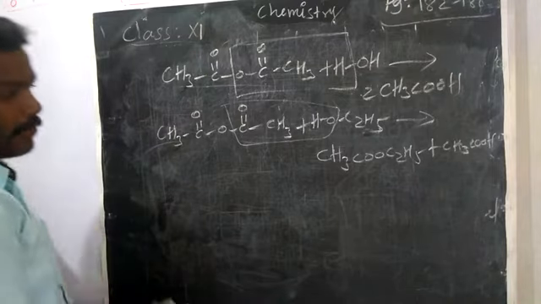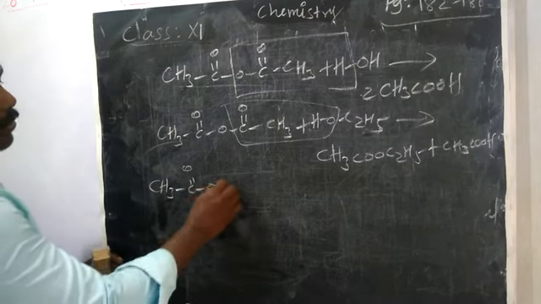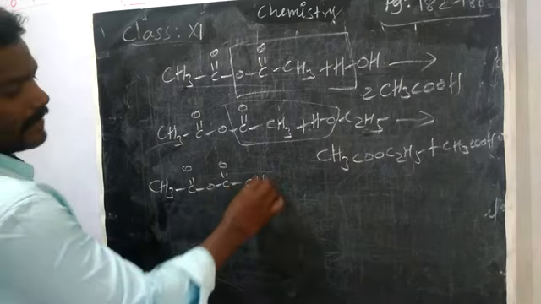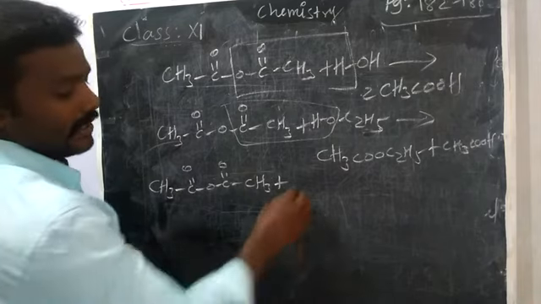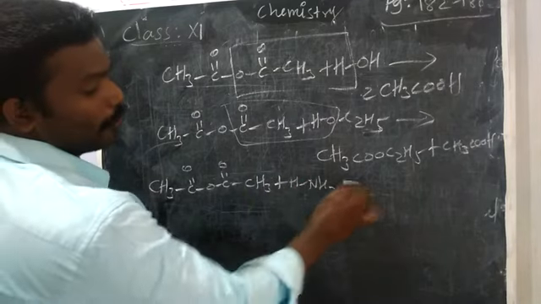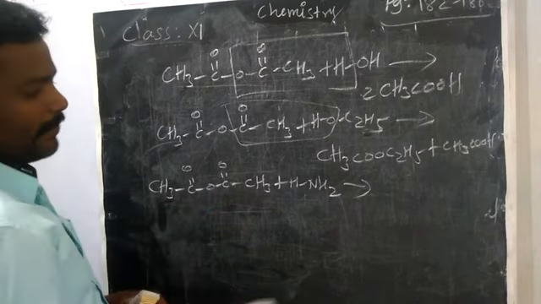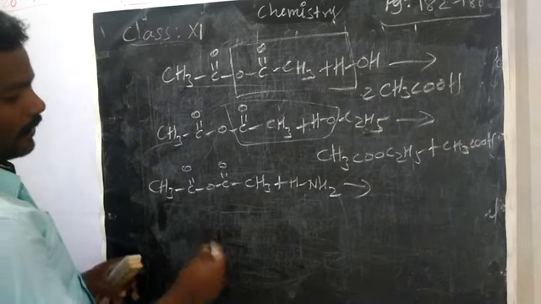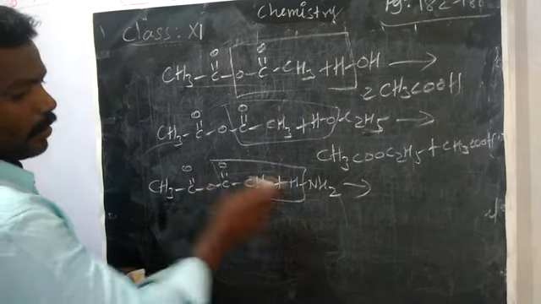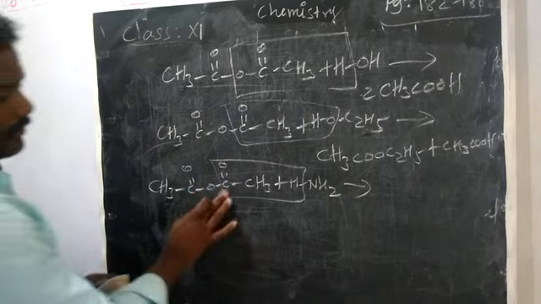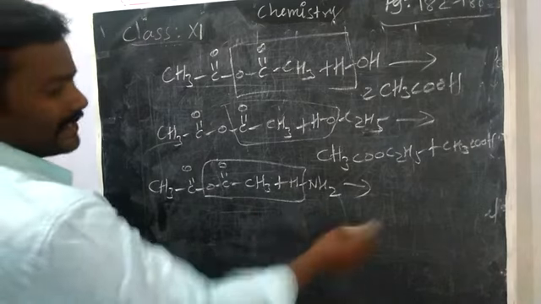Okay. Next we are going to treat this acetic anhydride with amine. Amine means NH3, ammonia. You can write NH2. So you just remove one part as acid, and the remaining you will get is acetamide. Here, CH3COOH, acetic acid will go.